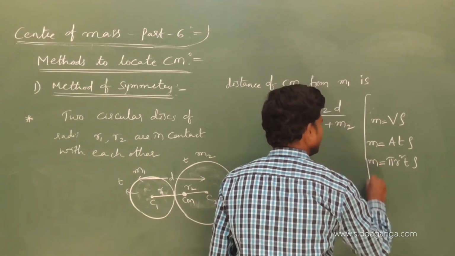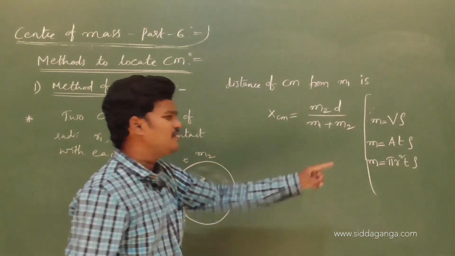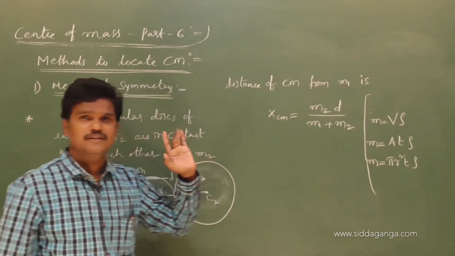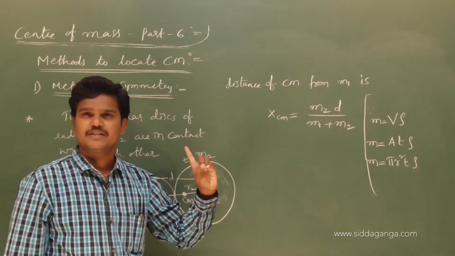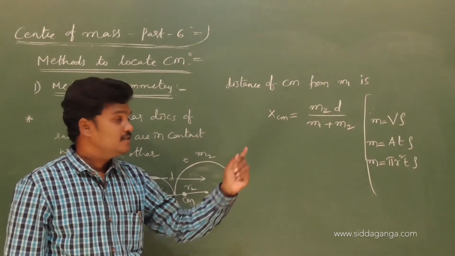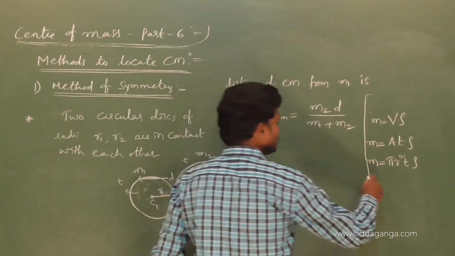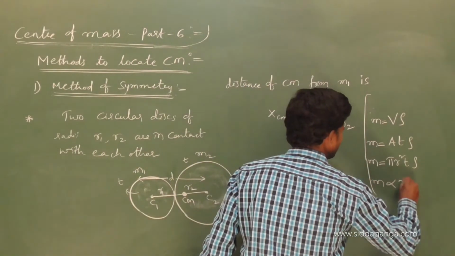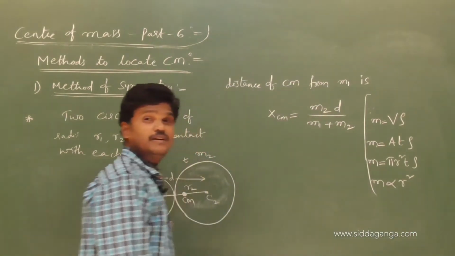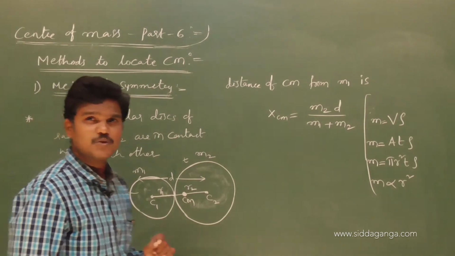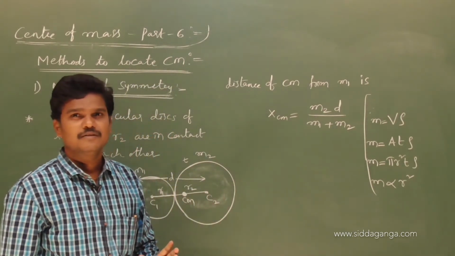For a disc, pi is constant, the thickness T is constant since it is the same thickness, and the density is constant since it is the same material. So the mass of each disc varies only with the square of the radius.